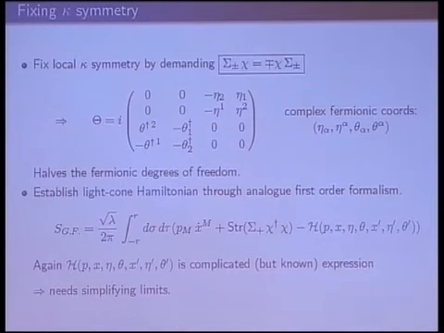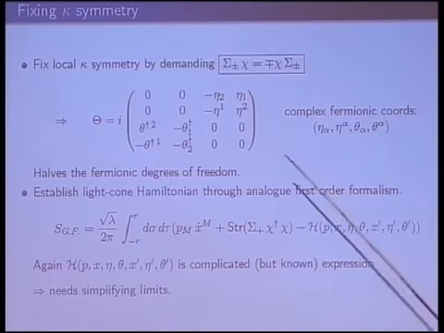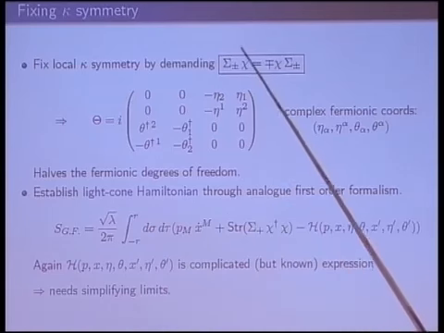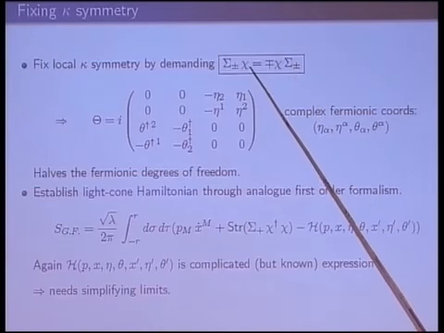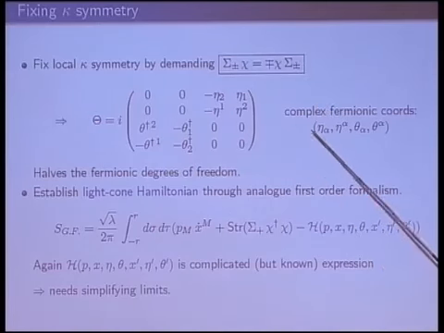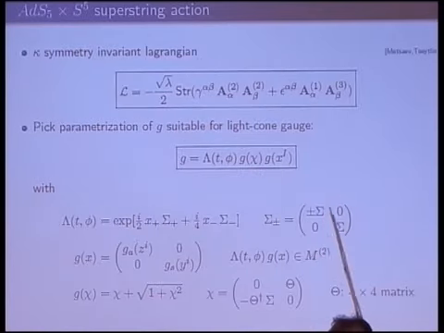So the next step is you have to fix the kappa symmetry, which expressed in the supermatrix language is a commutation or anti-commutation property of your fermionic supermatrix with these sigma matrices. A bit technical. This sigma was essentially gamma 5.